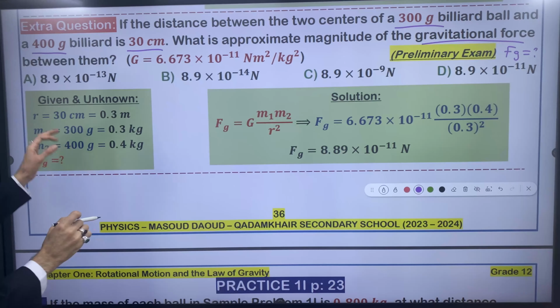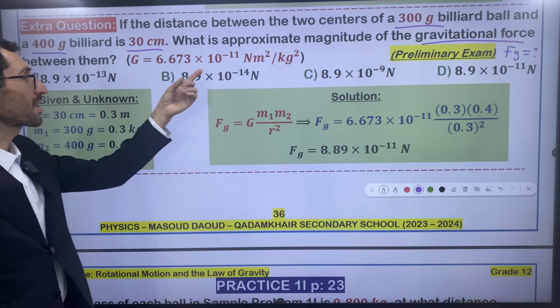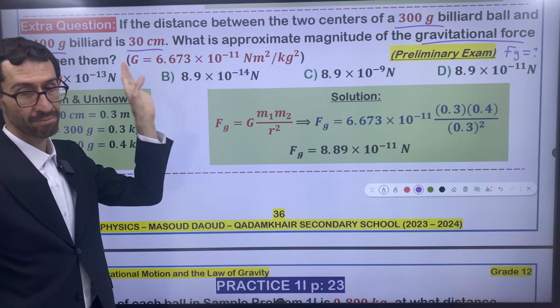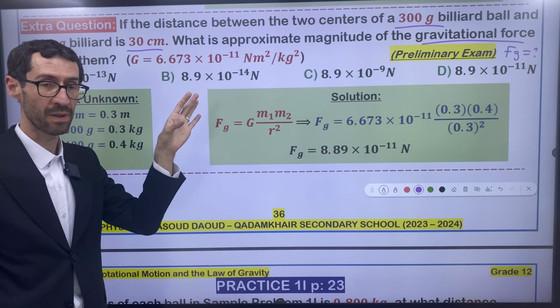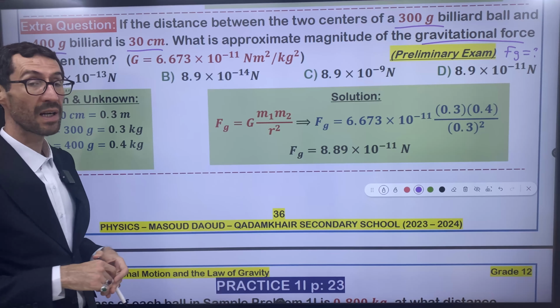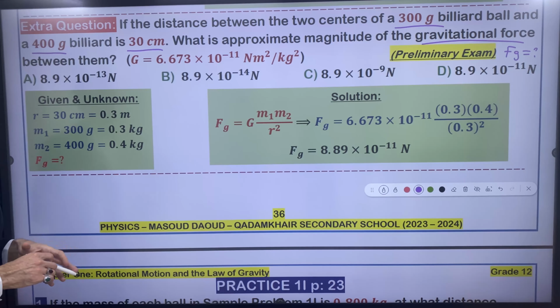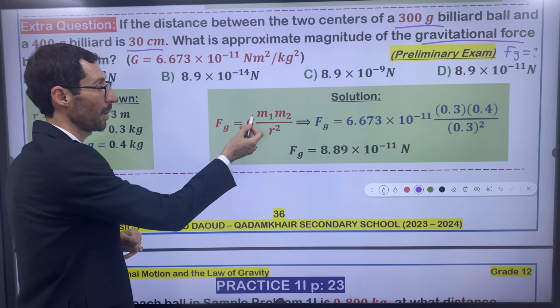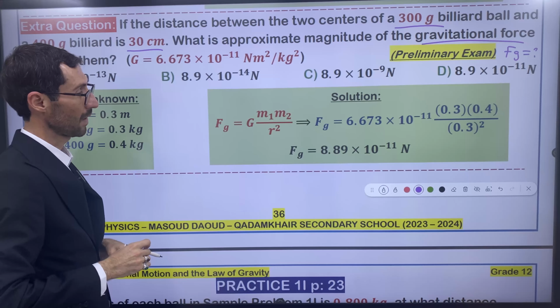Sometimes in a national exam, G is given. But this is my advice to you: I want you to memorize the value of G, right? So right now, we look for Fg. Fg is equal to G capital M1 M2 over R squared.